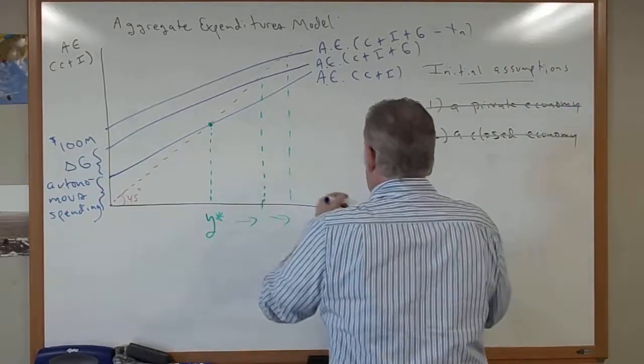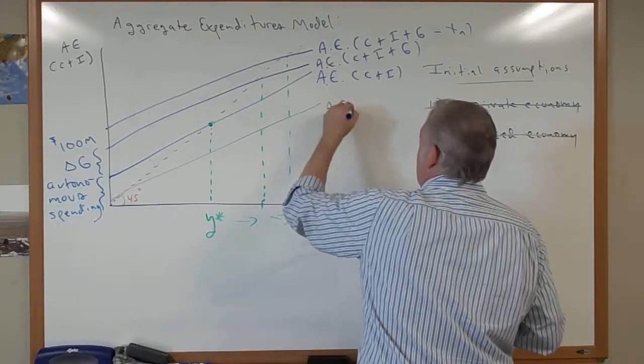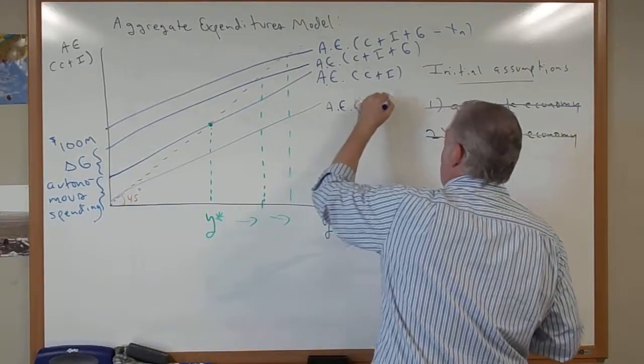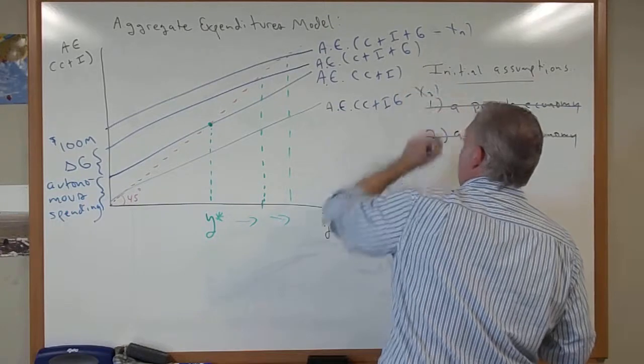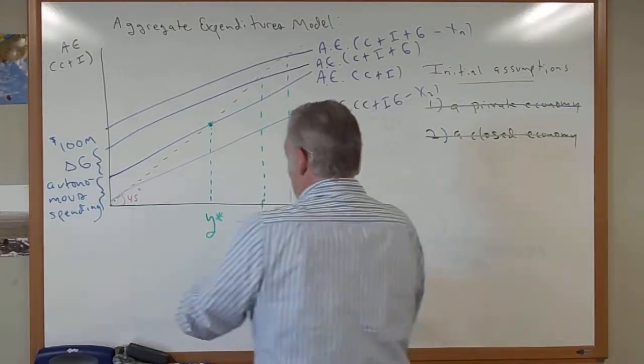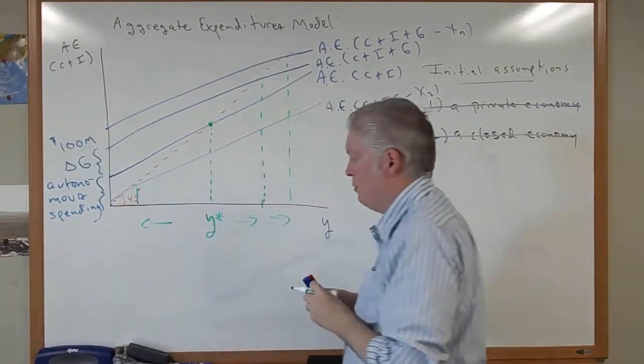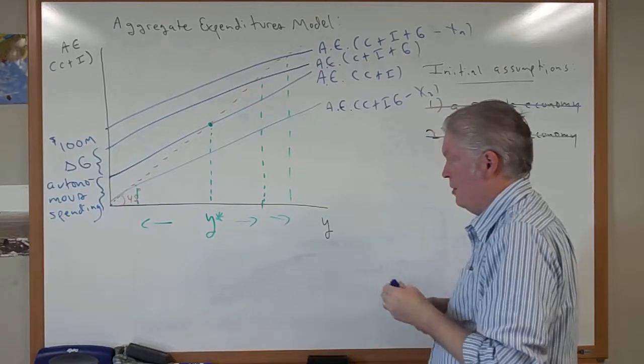And as a result, if you have some sort of negative trade balance, and we have the aggregate expenditures now being C plus I plus G minus X sub N, then we actually have something much lower. I've sort of overdrawn this a little bit, but the point is that it's lowered, so a negative trade balance results in a decrease in GDP.